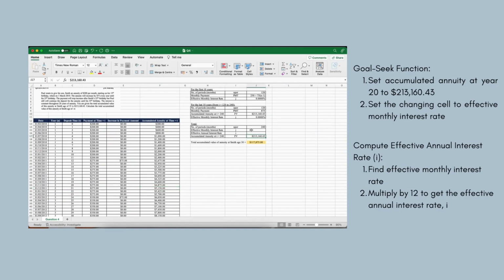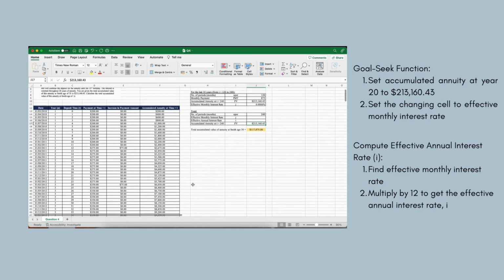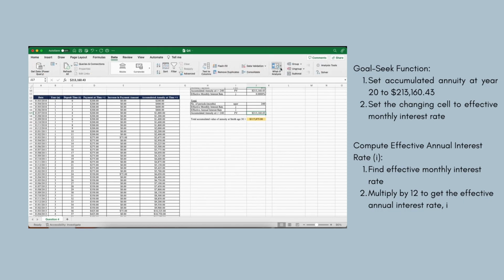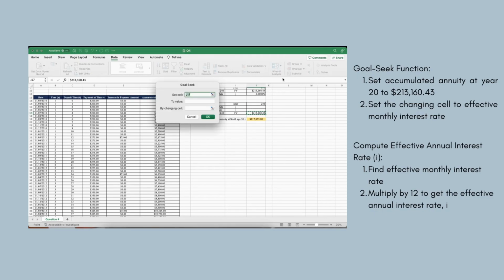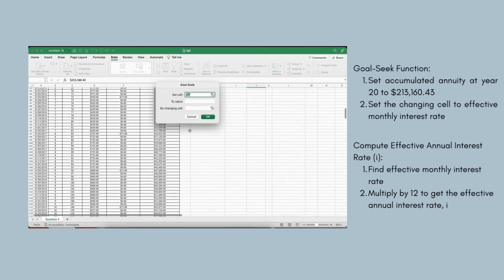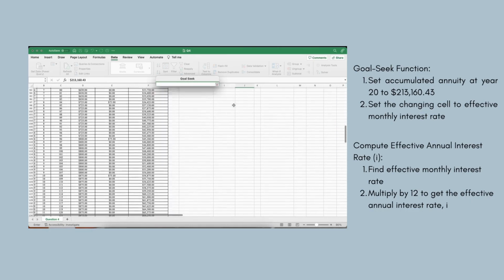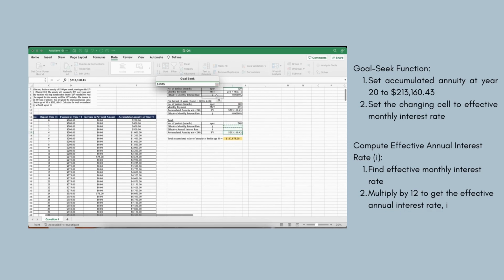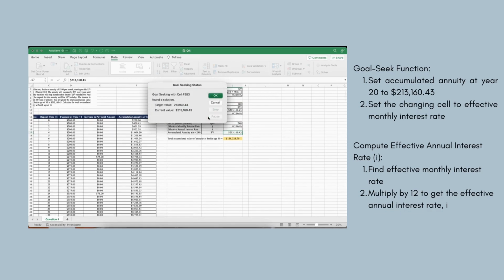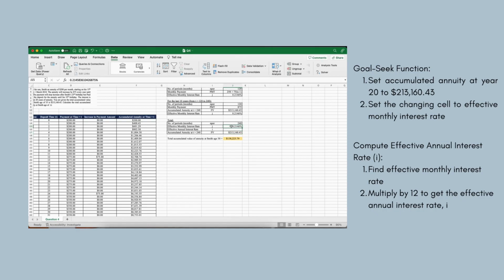So first off, to use the goal-seek function, we will go to data and then select goal-seek, set the final accumulated annuity, which is accumulated annuity at T20, to the value of 213,160,000.43 by changing the cell of J. And then it found the solution, and our J is 0.2146%, which is the effective monthly interest rate.